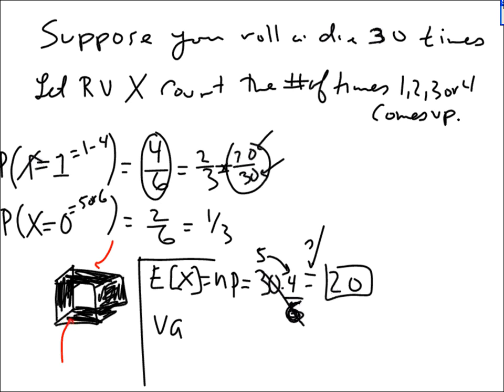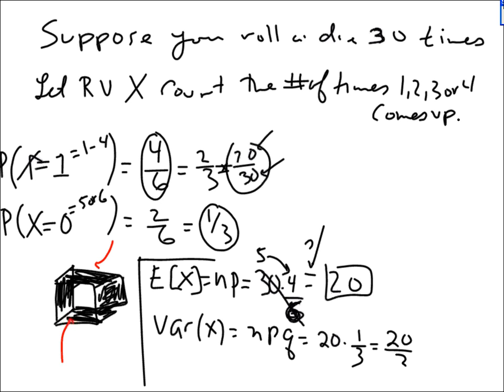What's the variance of x? Well, it's np, which is 20, times q. q is 1/3. So it's 20 times 1 over 3. And the standard deviation of x would be the square root of 20/3.